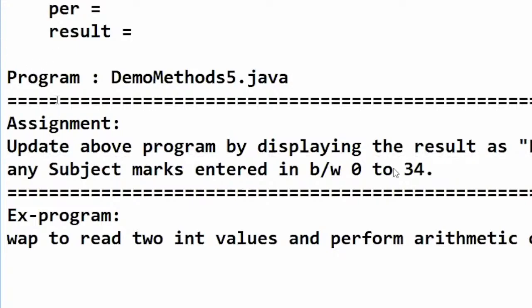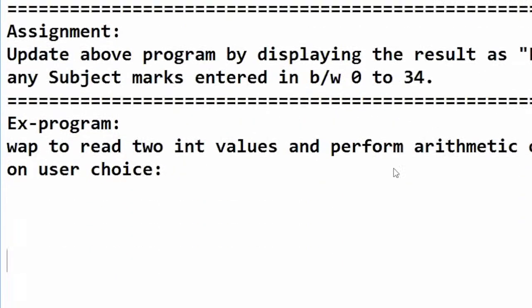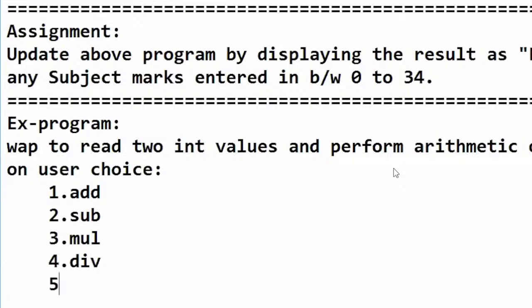Okay, right. Write a program to read 2 int values and perform arithmetic operation based on user choice. 1 for add, 2 for subtract, 3 for multiplication, 4 for division, 5 for modulo division.